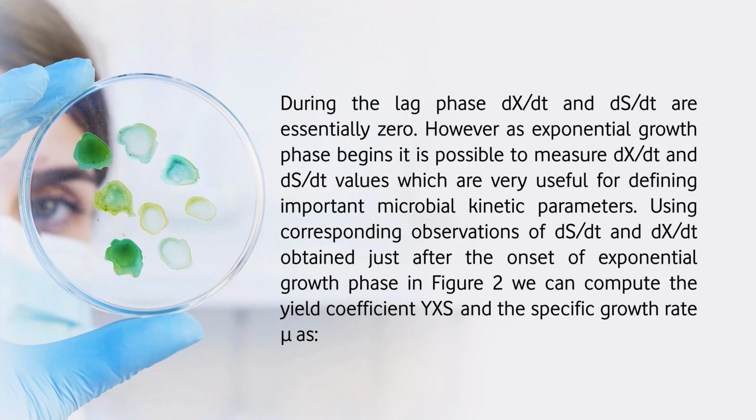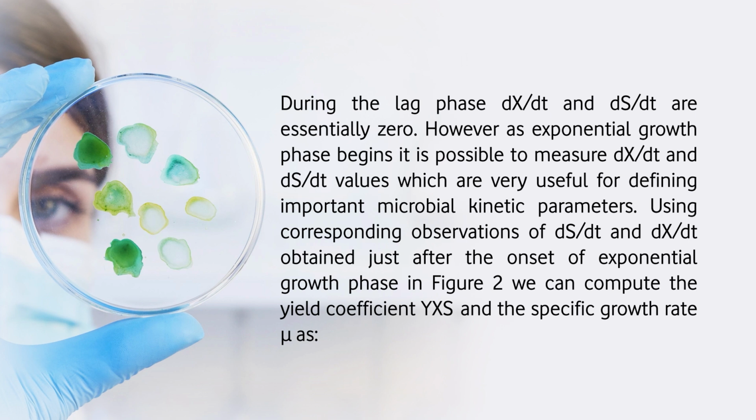But as the exponential growth phase begins, it is possible to measure dX by dt and dS by dt values, which are very useful for defining the important microbial kinetic parameters.